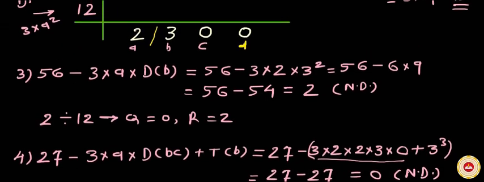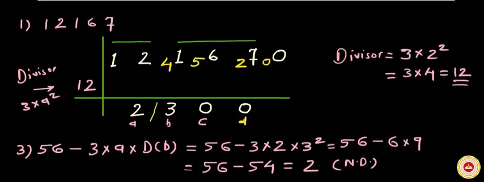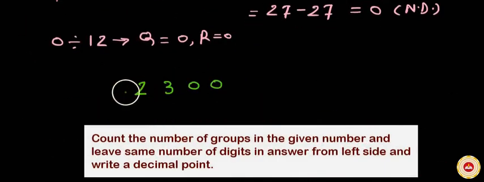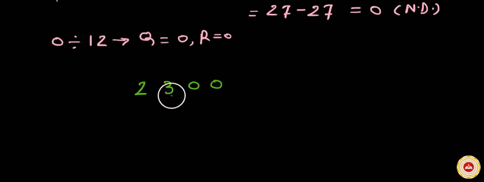2300. Now while writing the answer, let us calculate the groups in the given number: 1 and 2, two groups. So let us count 2 digits from left to right, 1, 2, and give a decimal point here.